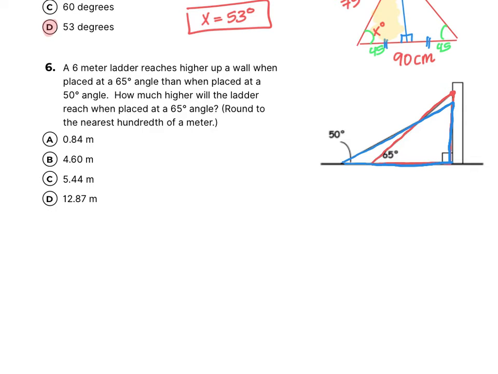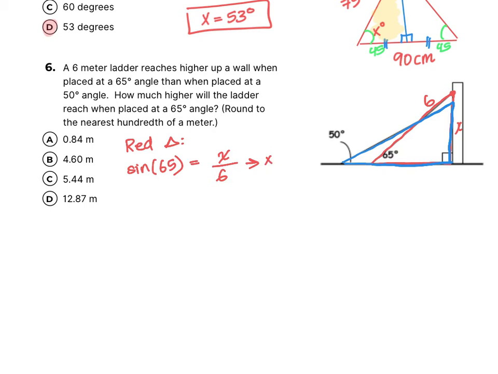So we're going to start by looking at the red triangle. And in the red triangle, I'm going to label the side to be x. And the hypotenuse is 6, because that's the ladder. So I need x, and I have 6, so I have the hypotenuse, and I need the side opposite to the 65-degree angle. So I'm going to use sine of 65 is equal to opposite over hypotenuse.